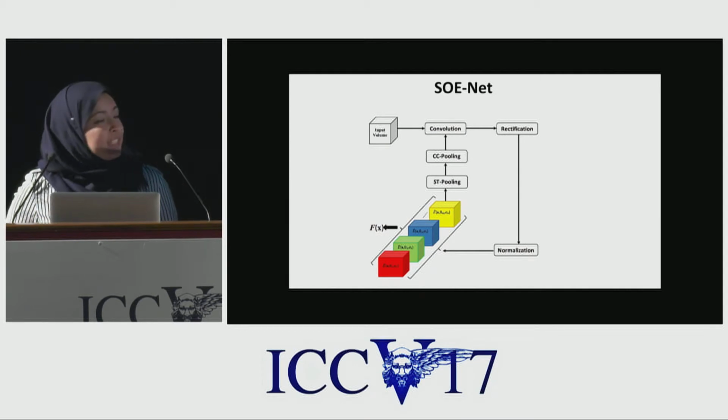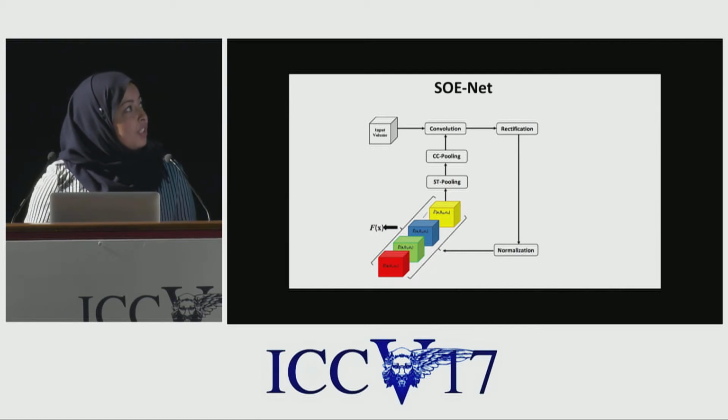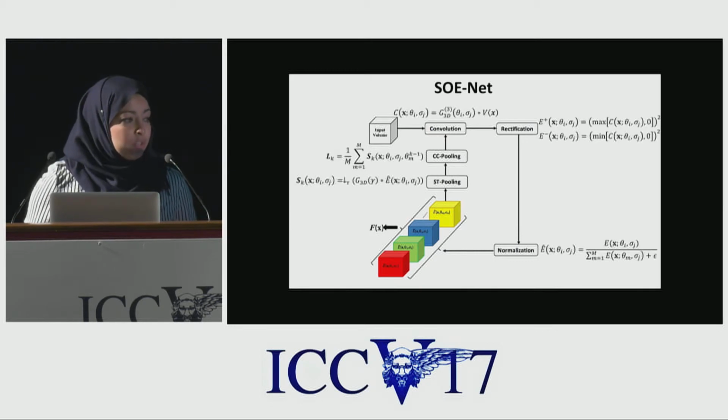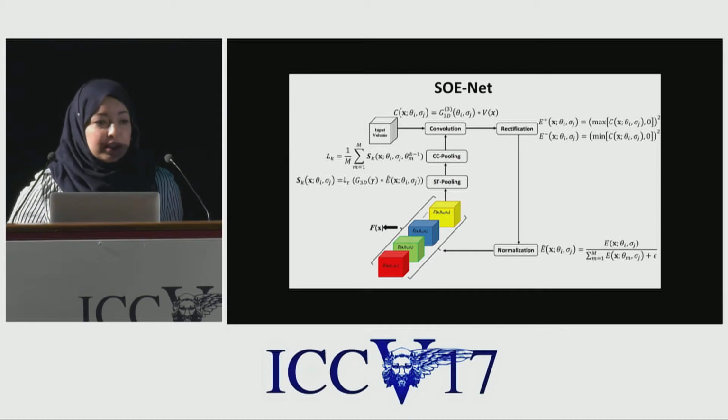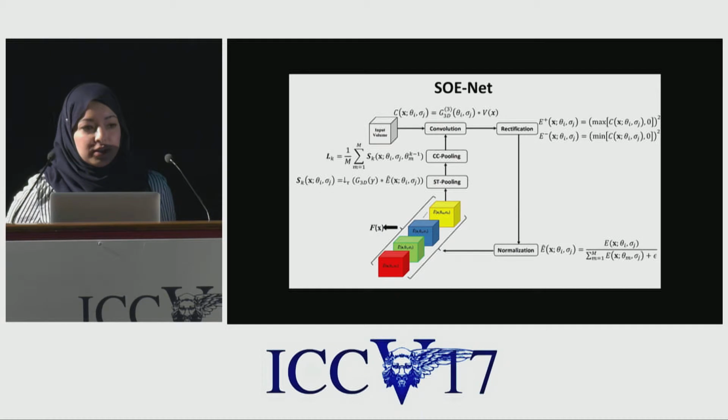At first glance, SOENet looks like your typical ConvNet with the standard building blocks. In fact, we have used convolution, rectification, normalization, as well as both spatiotemporal pooling and cross-channel pooling. However, a distinguishing aspect of our network is that all the building blocks were analytically defined based on theoretical considerations.